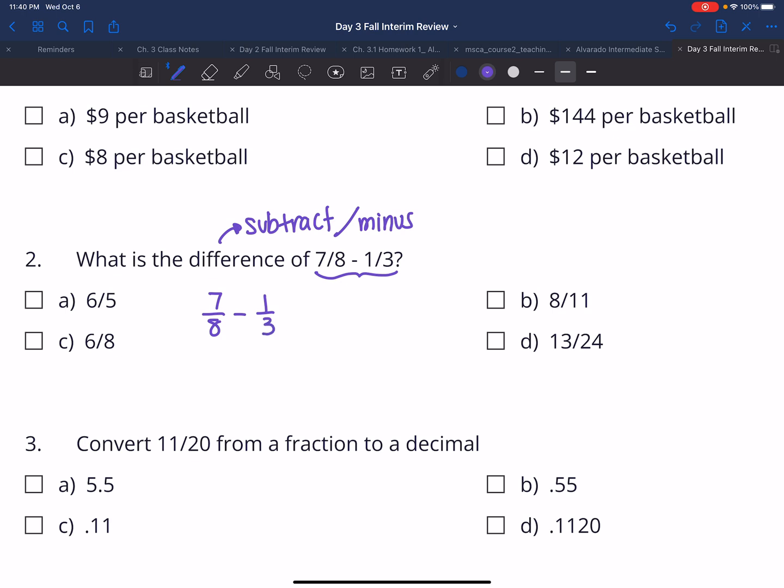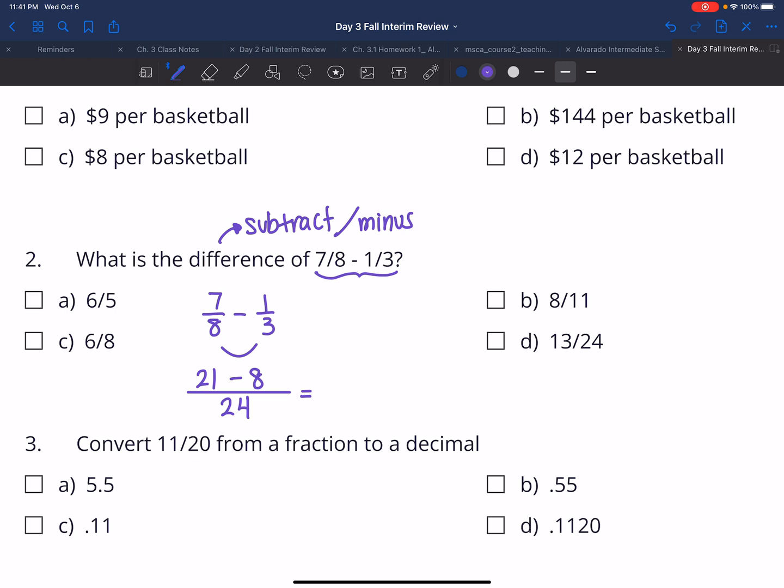if I go ahead and do the bow tie method, the denominator would be 24, right? I would do 8 times 3, that's 24, and then 7 times 3, which is 21, and then 8 times 1, which is 8, minus 8, and what do you get?